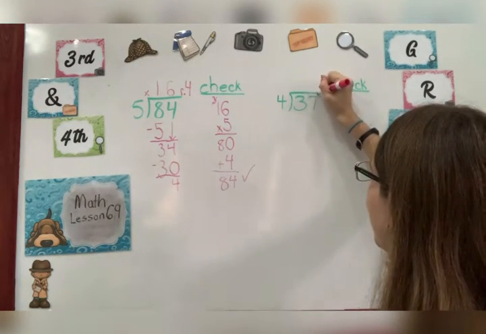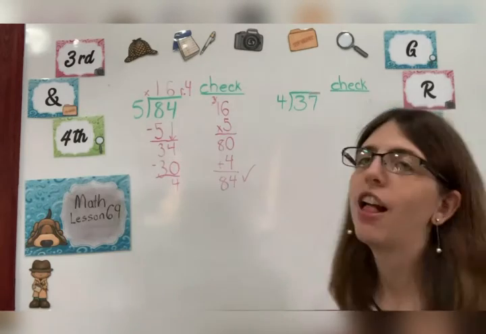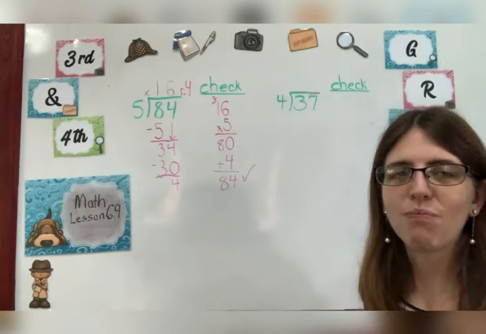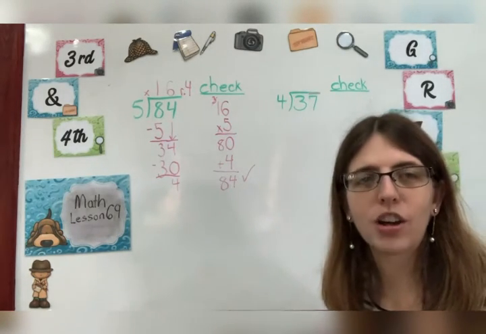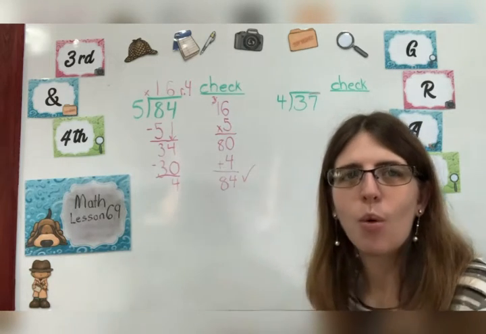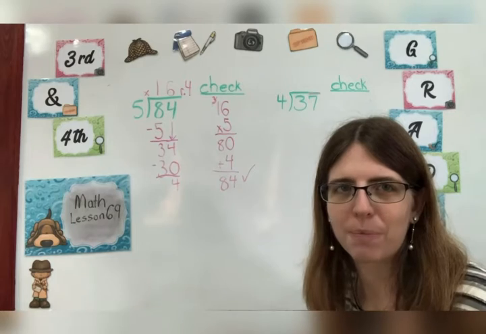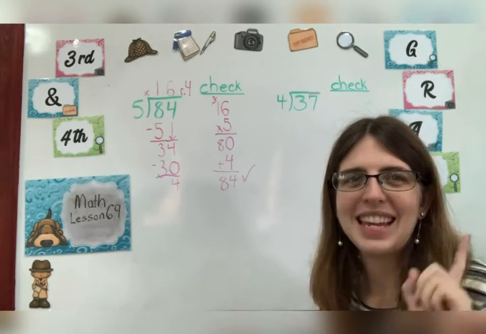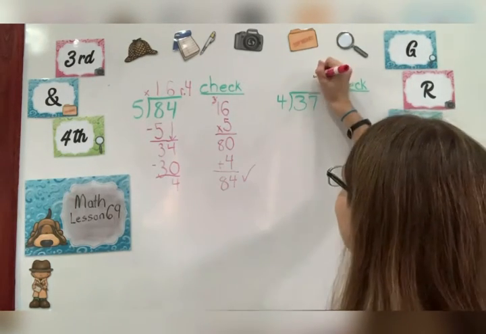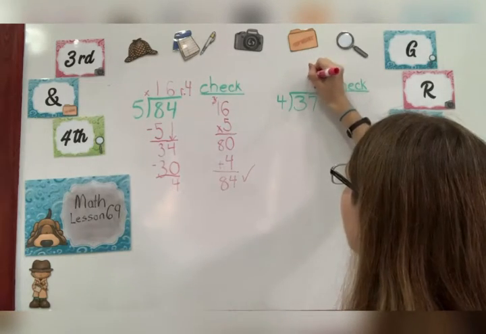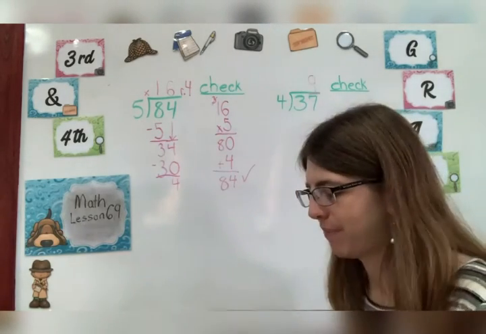I'm going to move back here and look at the whole number, 37. So how many groups of 4 go into 37? When I multiply something by 4, what's the closest I can get to 37 without going over? 9, very good. So I'm going to multiply, whoops, my marker is dying on me, excuse me.